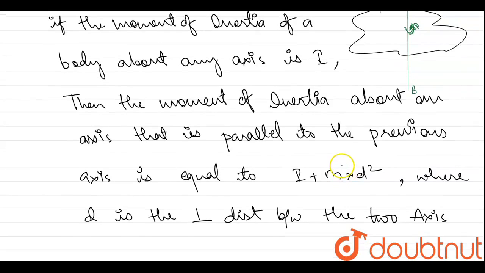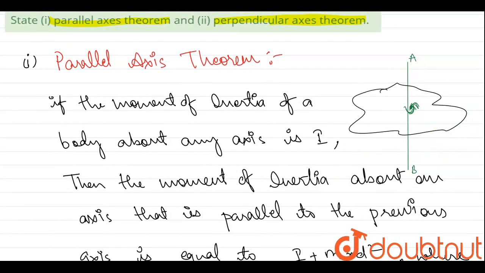Now from this figure, suppose this object is having moment of inertia I about the axis AB, then if we have another axis that is parallel to AB, let's call it axis CD, then the moment of inertia about CD will be equal to moment of inertia about AB plus mass times the distance between AB and CD squared.